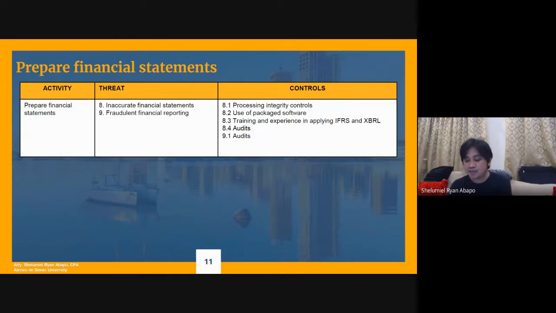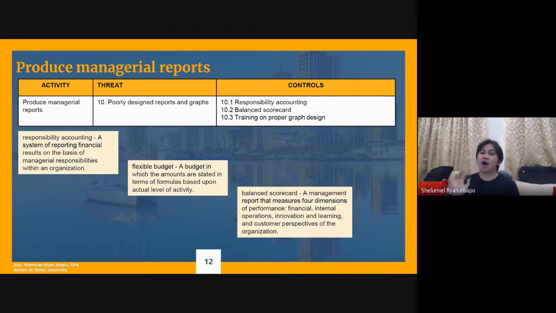Internal auditors will have to regularly review all the adjustments to the general ledger, but ultimately the determination if there is fraud or material misrepresentation will be conducted by the independent review, which will be done by an external auditor. Okay. Now, the last activity will be the production of managerial reports. Okay.